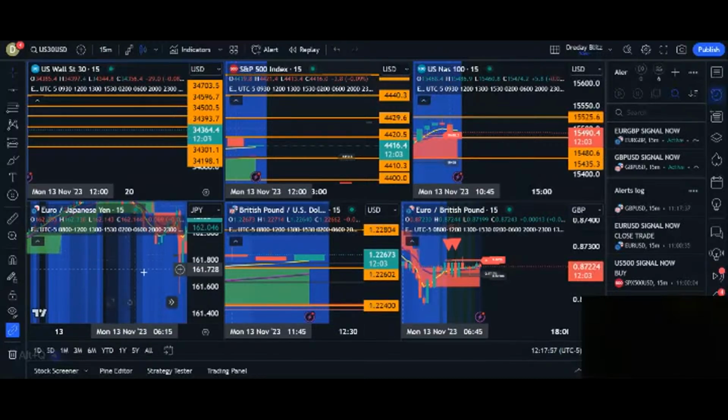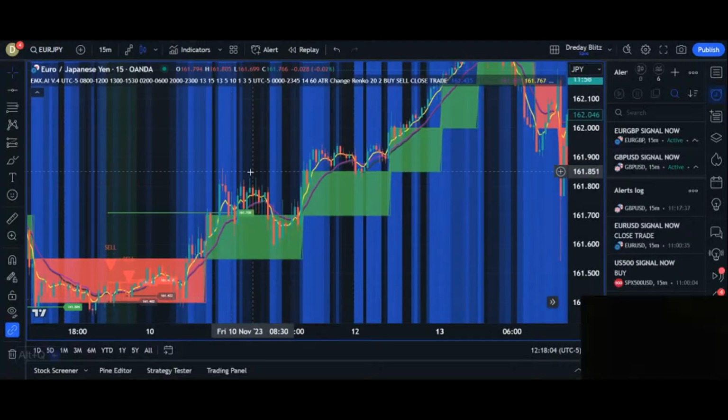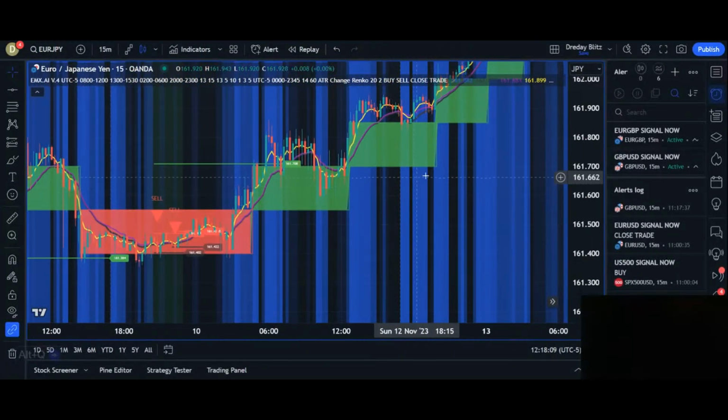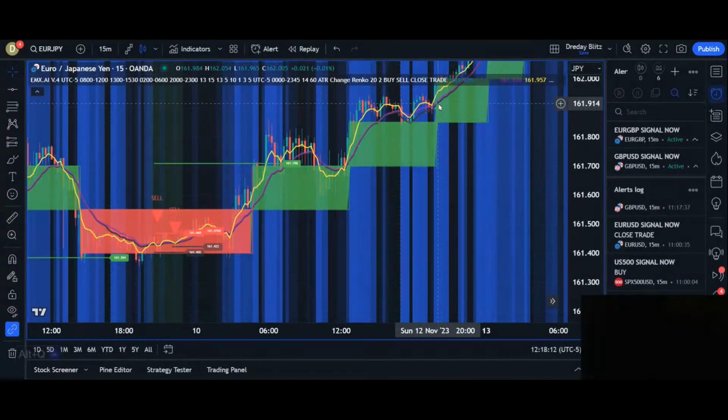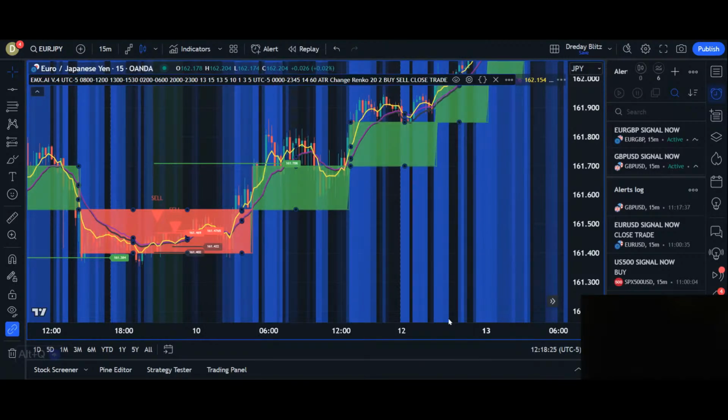Let's go on, do I have the Euro JPY still open? Yes. Okay, so let's look at this. Perfect.